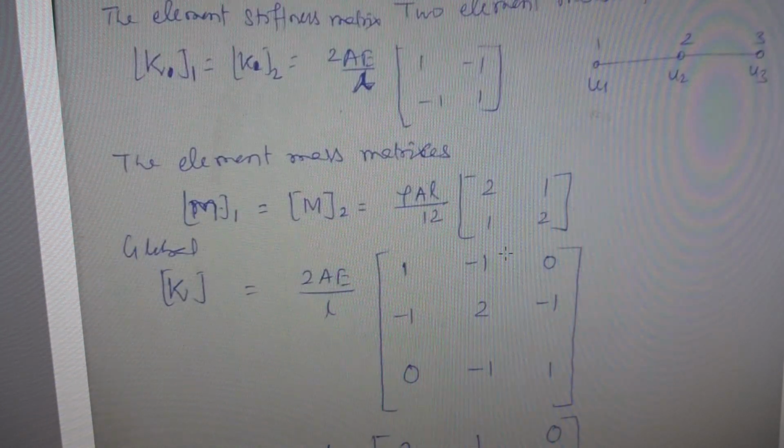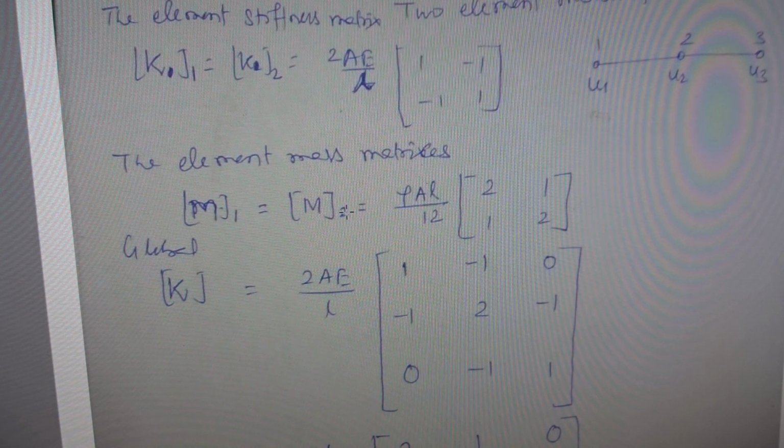There are two methods to evaluate the mass matrix. The first one is the consistent mass matrix, which is derived from the equation, and the second one is the lumped mass matrix. Here, consistent first.